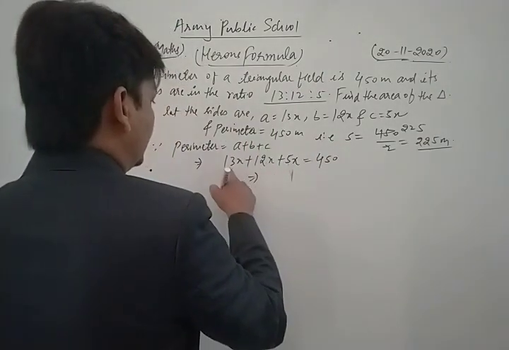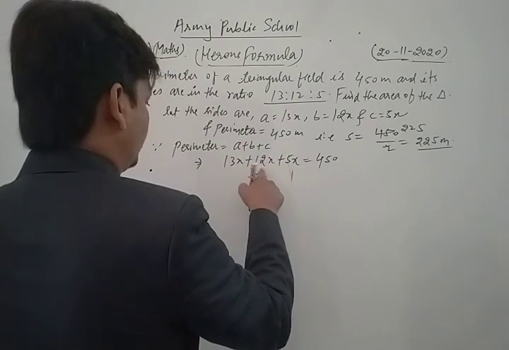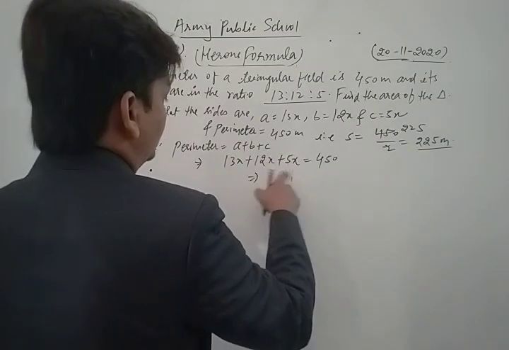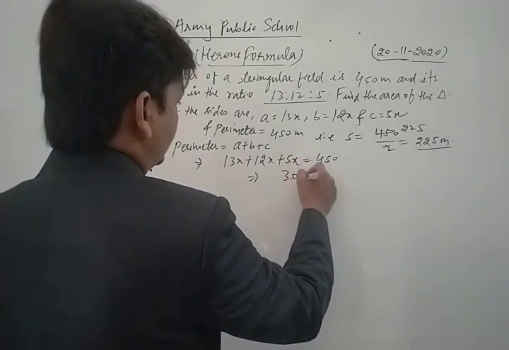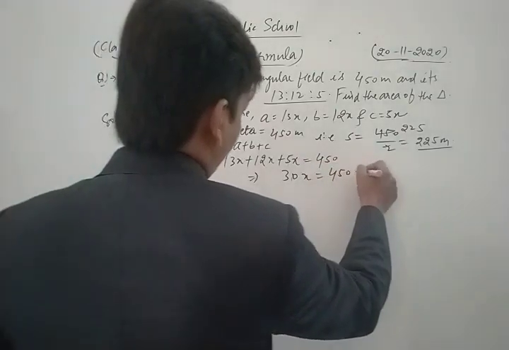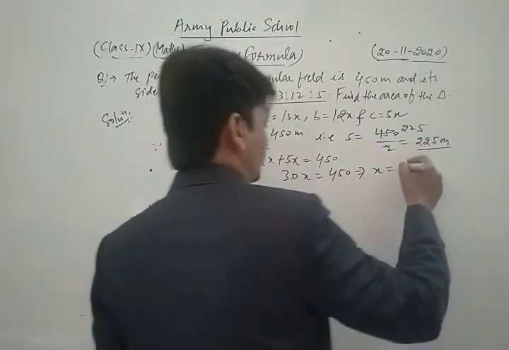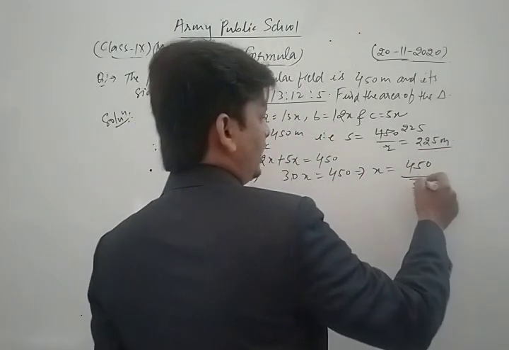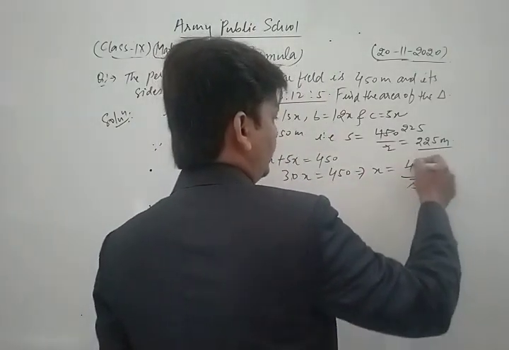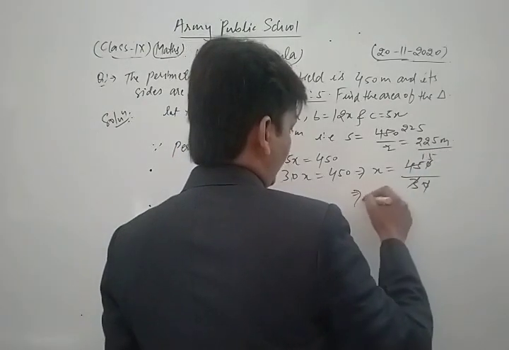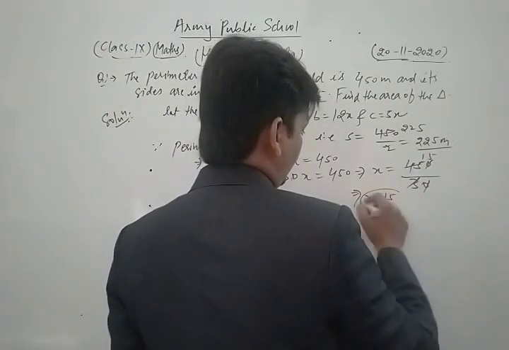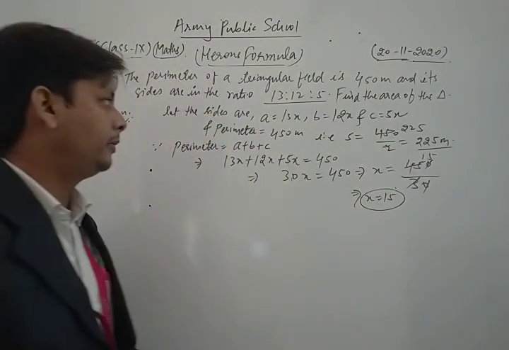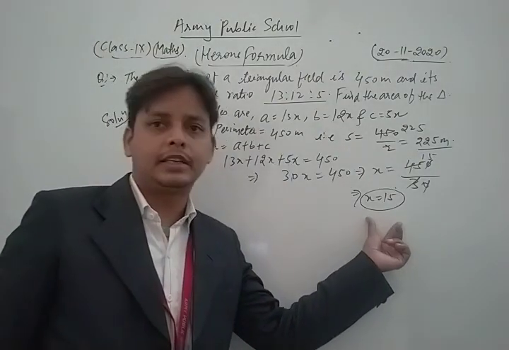So 13 plus 12 plus 5 is 30, so 30x is equal to 450. Thus the value of x is 450 upon 30. The zeros cancel each other, and this is 15. Thus the value of x is 15.